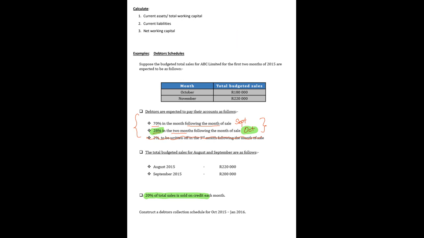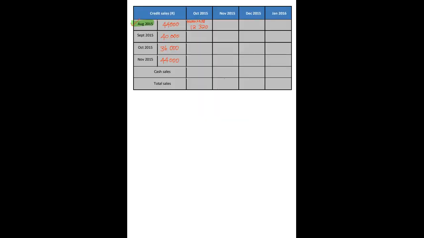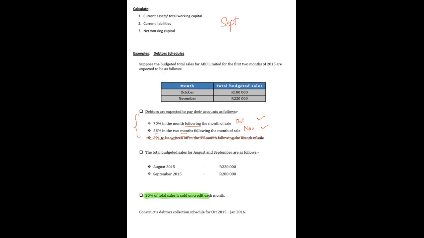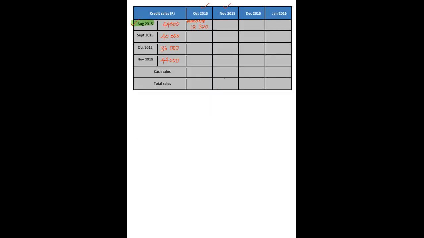Okay, so if we're now working with the month of September, 70% is received in the month after that, so that would be October. 28% is 2 months after that, which is November. So we have both October and November in our table. Here's October, here's November. So we need to look at both the 70% and the 28%. So 40,000 times 70% is received in October.